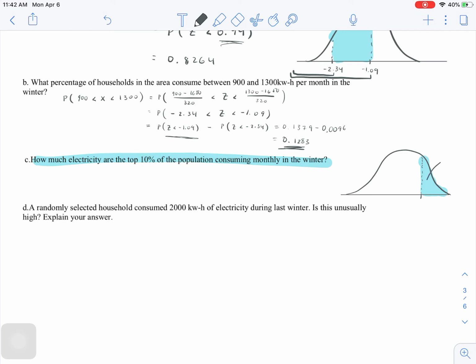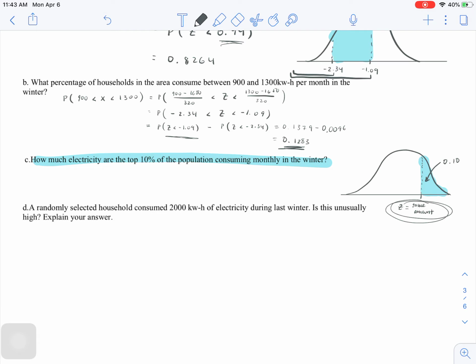Top 10% means that they're in the highest 10% of people. So these are the people that consume above some amount of energy. The proportion of people that consume above some threshold is 0.1, or 10%. And so we want to figure out what this amount is.